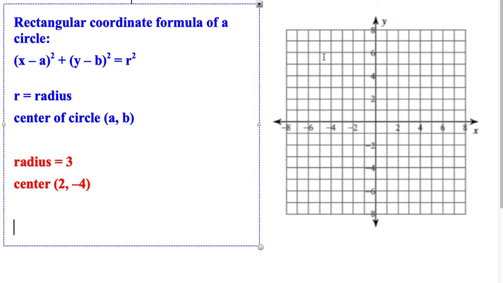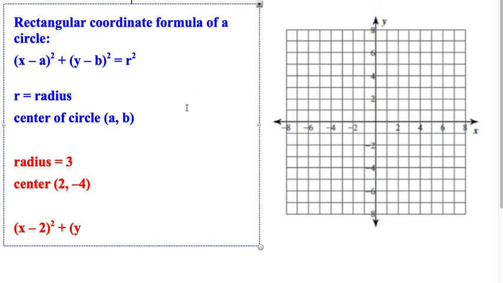Now this can be worked any different way. I could give you the rectangular coordinate form and you could work these numbers back, but I'll show you what this would look like. So it would start off as x minus the x coordinate, which is 2, and then squared, plus y. Now this is where you have to be careful.